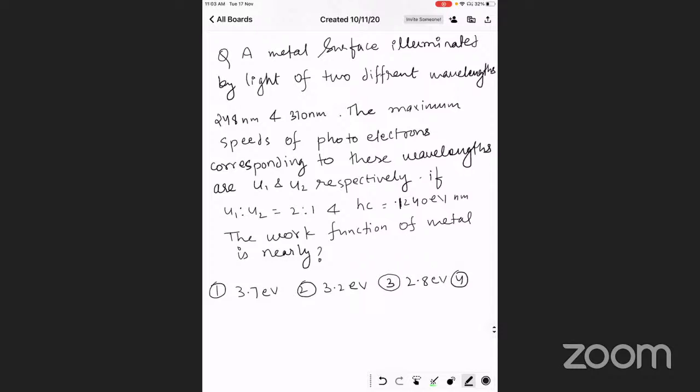Means when 248 nanometer light falls on the metal, the kinetic energy is 4 times as compared to the second case when 310 nanometer light falls on the metal surface. So you can make two equations with 4 times of kinetic energy and only kinetic energy. Then you can multiply by 4 and eliminate kinetic energy from the equation to find value of work function. Question is easy.